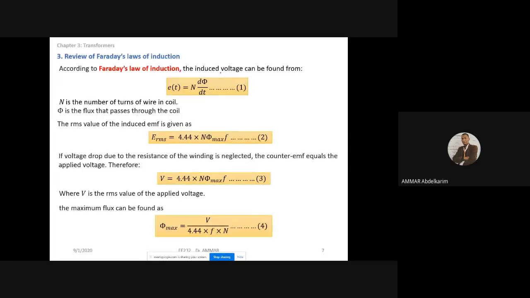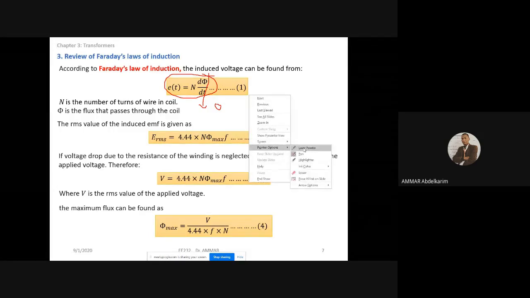And one of the cases is when we have a time-changing flux. So this is why the transformer works only with AC, because transformers are based on Faraday's law. If we give a DC voltage to the transformer, the flux will be constant and this derivative will be 0. That's why transformers work only with AC.